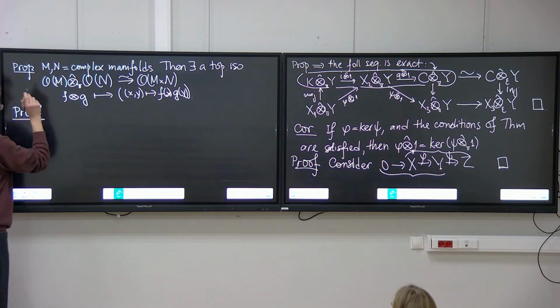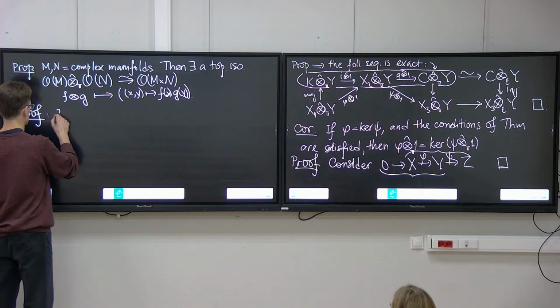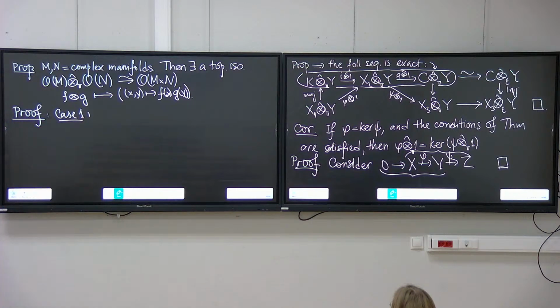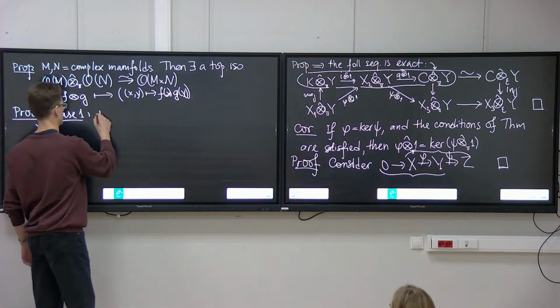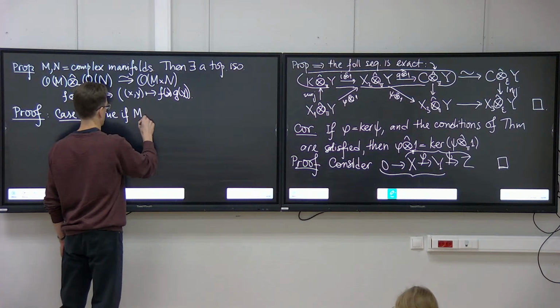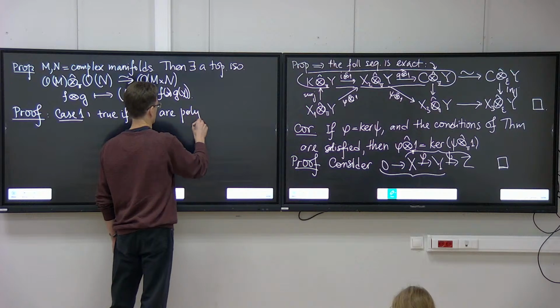The proof is naturally divided into several steps. So case 1: we know that this result is true if both M and N are polydisks.